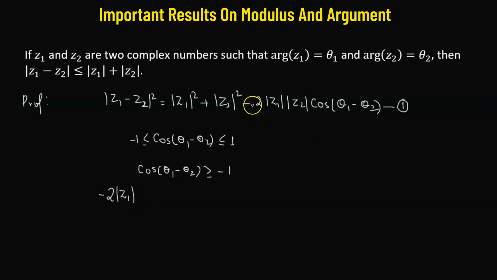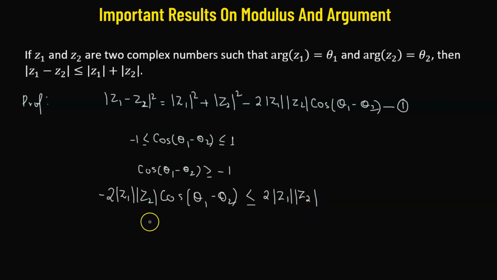We're doing this because we need a -2 absolute value of z1 times absolute value of z2 times cosine of theta 1 minus theta 2. But since we are multiplying with a negative number, we have to be careful here. The sign of the inequality is going to flip. It will become less than or equal to -2 times -1, which will become positive, so we have +2 times absolute value of z1 times absolute value of z2.